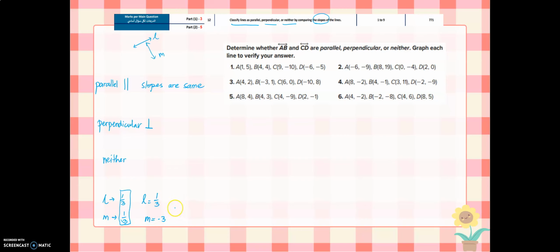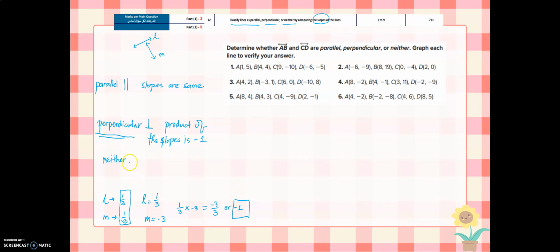Multiplying 1/3 times negative 3 gives negative 3 over 3, or negative 1. When the product of the slopes is negative 1, the two lines are perpendicular.